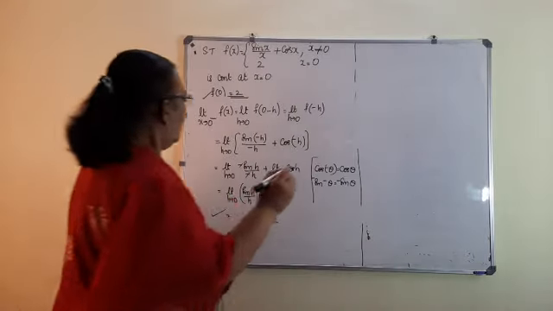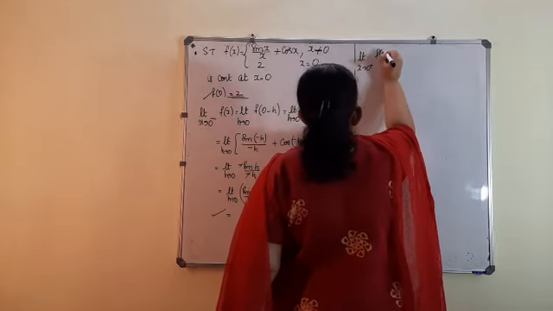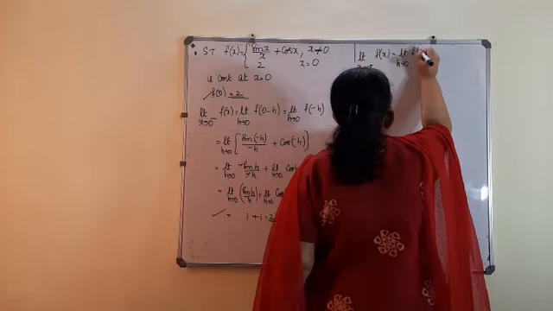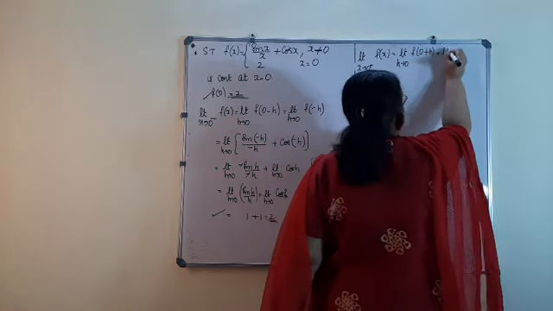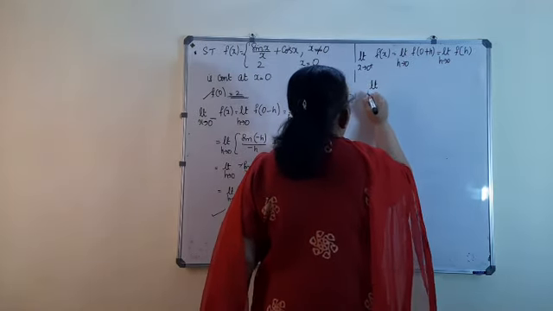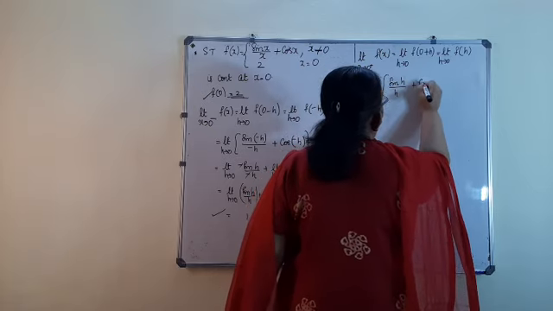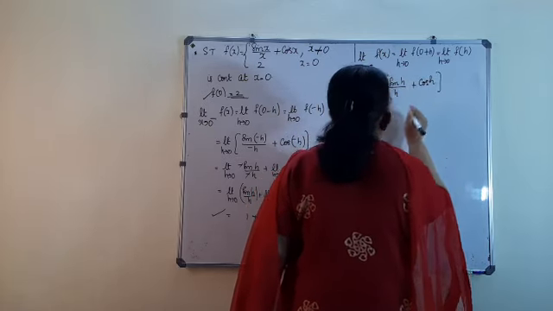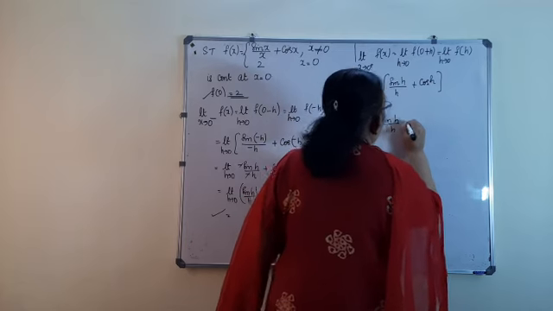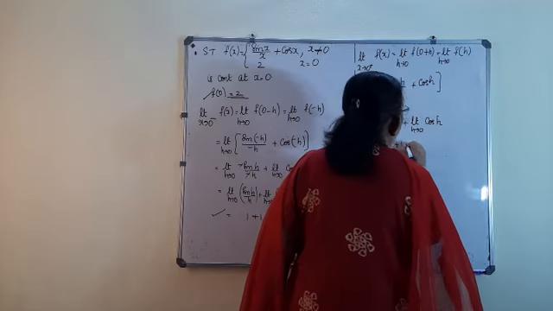Right hand limit, limit x tending to 0 plus f of x is equal to limit h tending to 0 f of 0 plus h, that is equal to limit h tending to 0 f of h, which is limit h tending to 0 sin h by h plus cos h, which is limit h tending to 0 sin h by h plus limit h tending to 0 cos h, and that is 1 plus 1 is equal to 2.